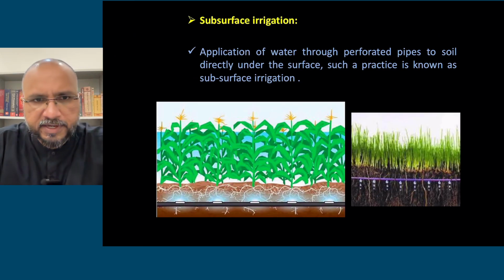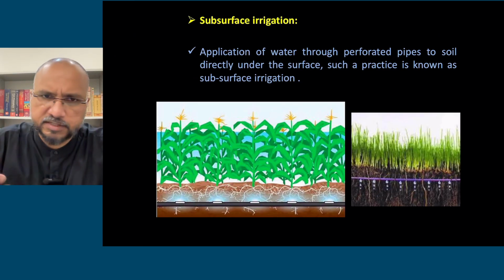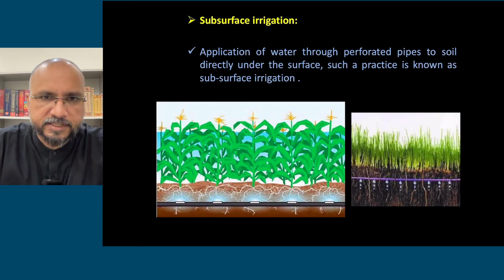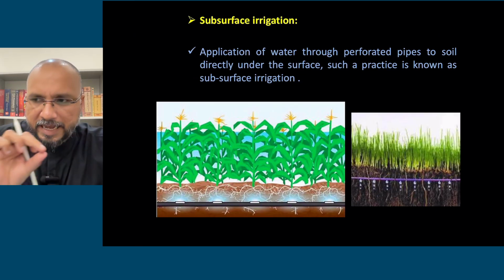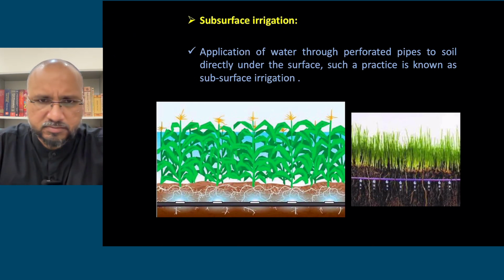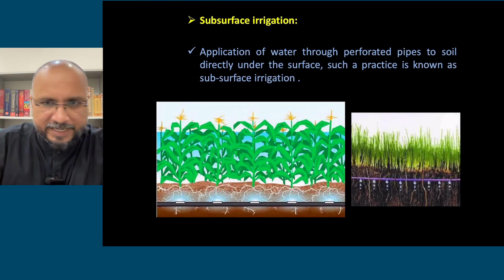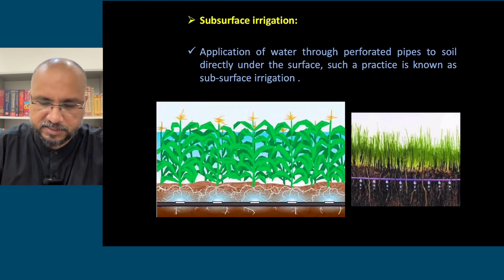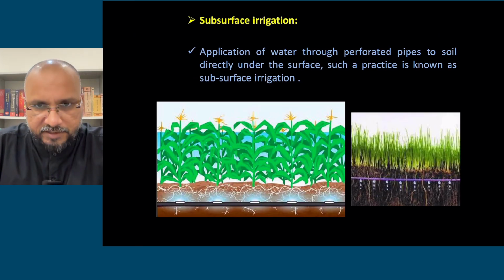So in the previous video, the first video of irrigation, we have already discussed the surface methods. So this is the subsurface method, where your irrigation system includes a pipe network. The laterals, the pipes, are laid below the soil surface.